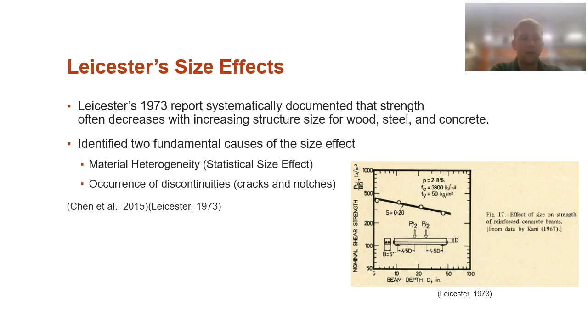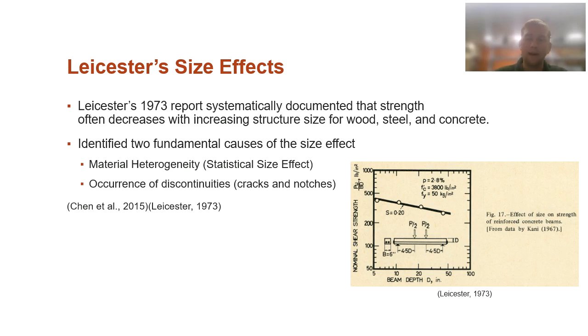And the other was the occurrence of discontinuities. I took this to be similar to the size effect, but not because you're more probable, just because they inherently exist in these larger samples. A little bit confusing of a paper there, but it's important to know that people were thinking about it, having this size effect in their mind, and trying to come up with reasons why this would happen.